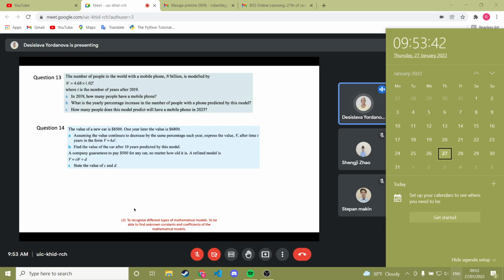And now the new model is, again, found as you did in A and B, but using this plus 500 at the end. So C will be equal to what?